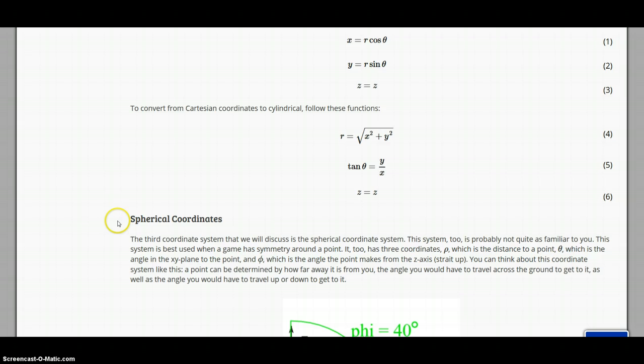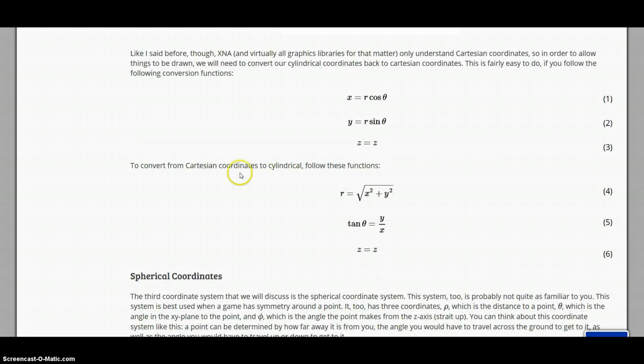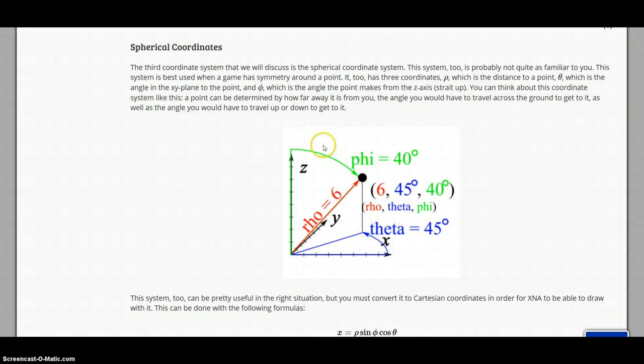There are also spherical coordinates, which are kind of like cylindrical coordinates, but these have two angles.